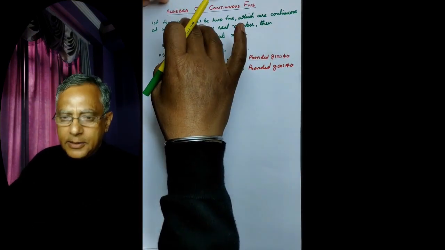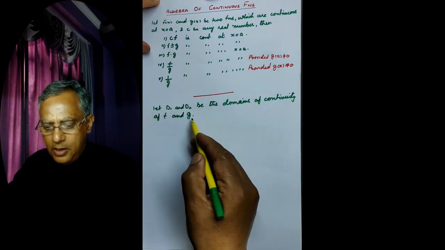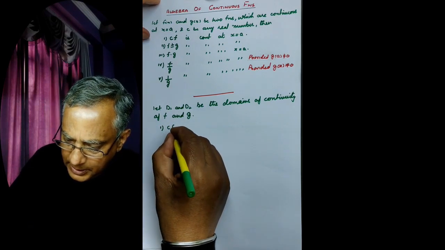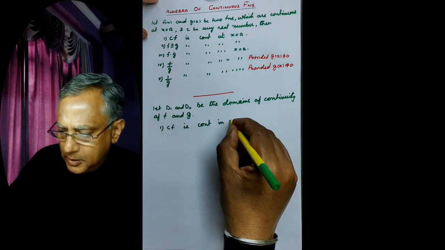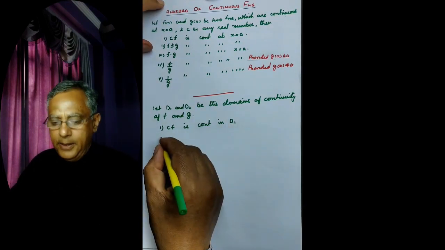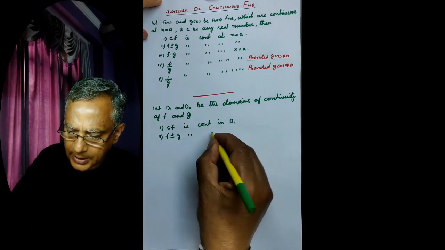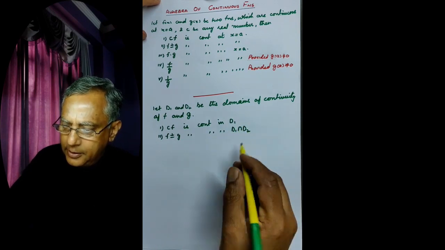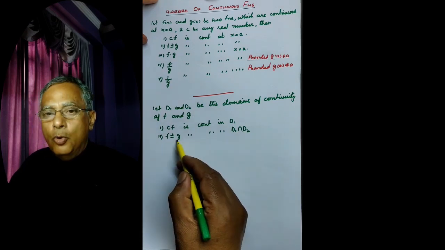And this concept can be extended. Let D1 and D2 be the domains of continuity of f and g. Then c f is continuous in its domain. The domain of f is D1, so this will be continuous in D1. Second, f plus or minus g is continuous in D1 intersection D2, that is, in the domain common to both these functions.